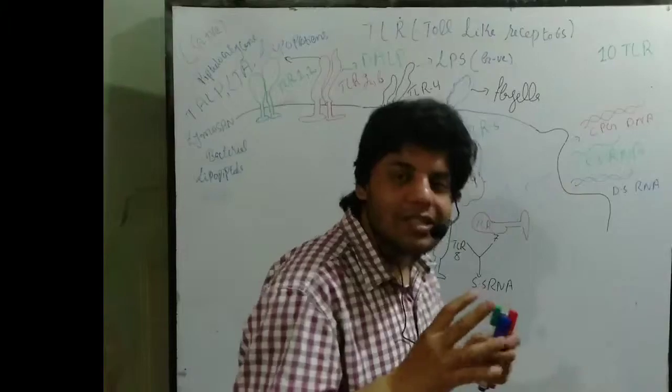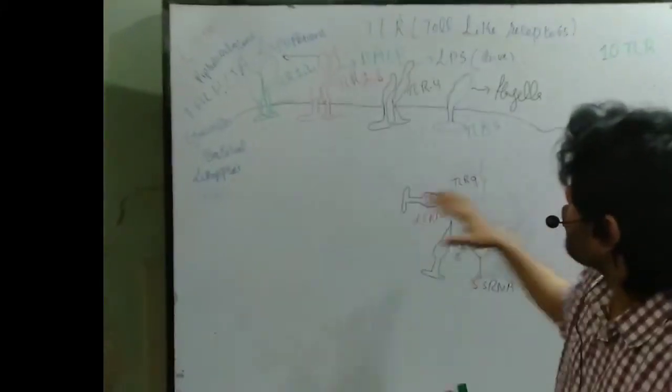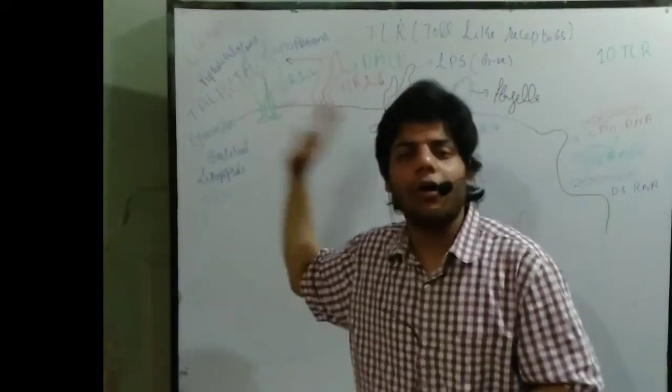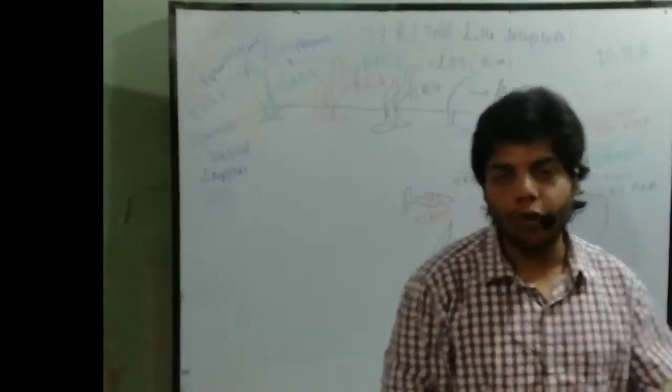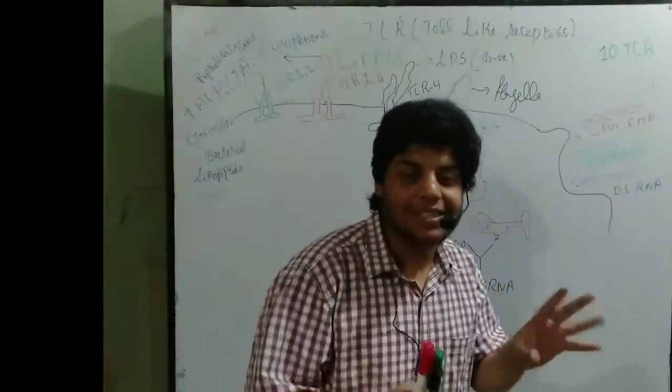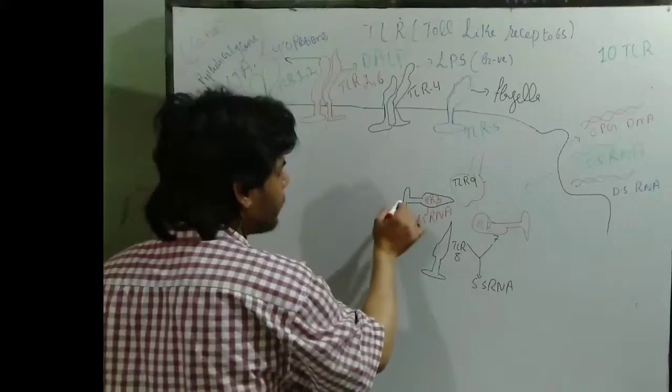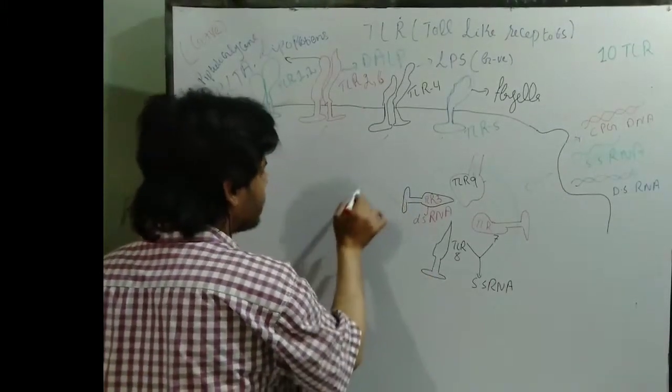Now let's suppose any one of the receptors detects any one of the molecules of the microorganisms. Once it is detected, what actually happens?